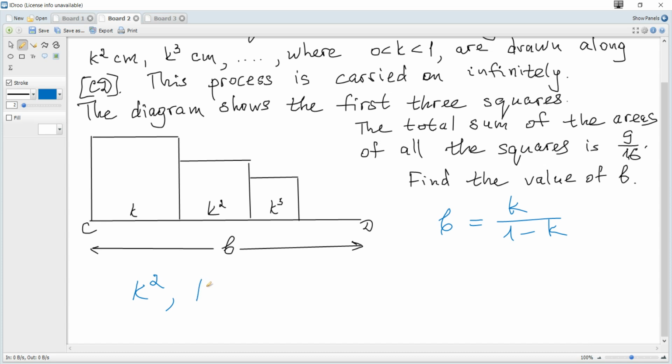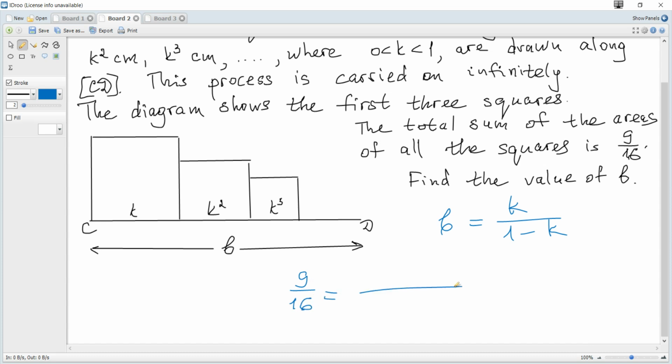K squared squared, so k to the power of 4, and this is k to the power of 6, and we can see that the first term is k squared, and the common ratio is also k squared, and the total area, or the sum of all areas, is 9/16.